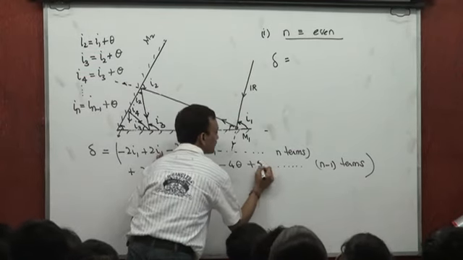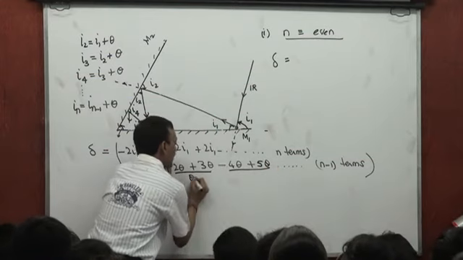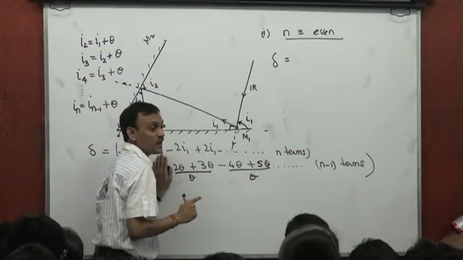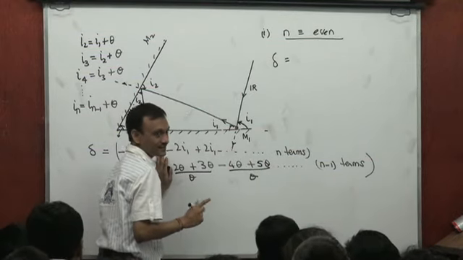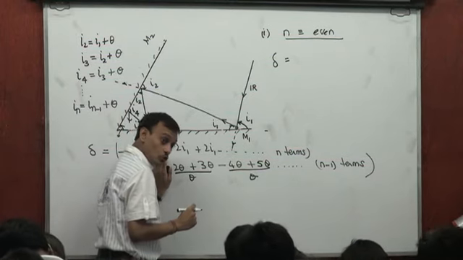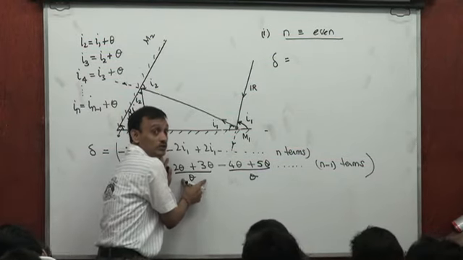Minus 4 theta plus 5 theta. So each pair adds up to theta. We have how many pairs? Except the first, we have n minus 2 by 2 pairs. Forget the first one. How many pairs do we have? N minus 2 by 2. And each pair adds up to theta, right?